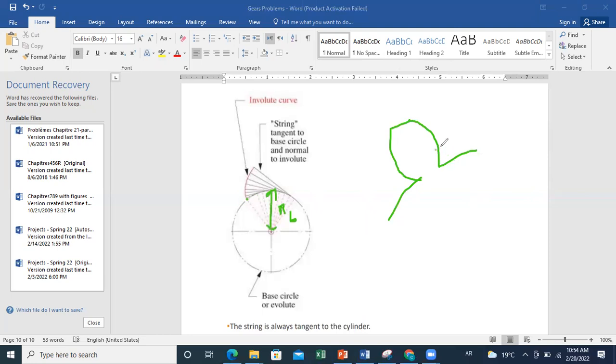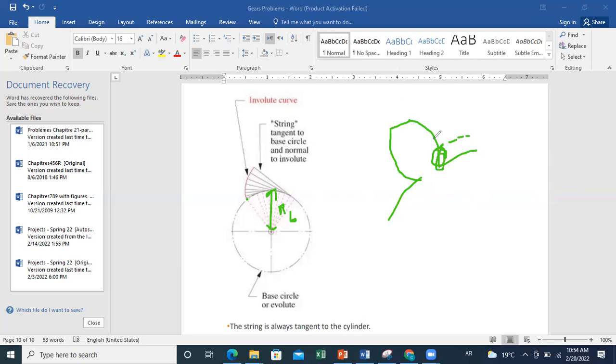It will start from a certain level, which is the level of the base circle. And below it, you have another profile, okay? This profile will depend on the design procedure and on the pressure angle you want. We have seen that you can do some cutting here also to avoid interference.